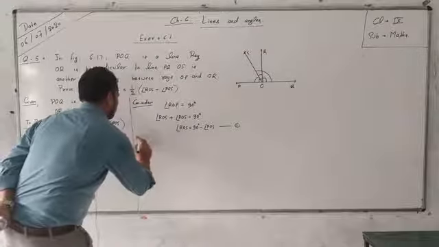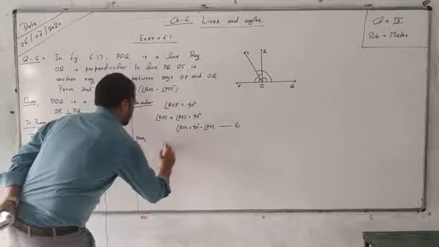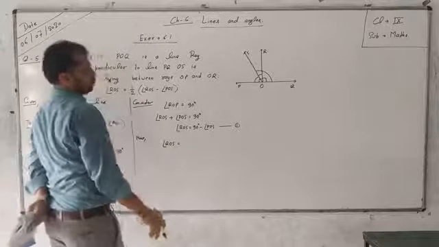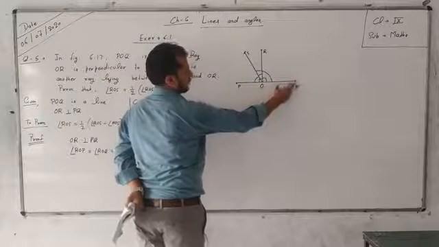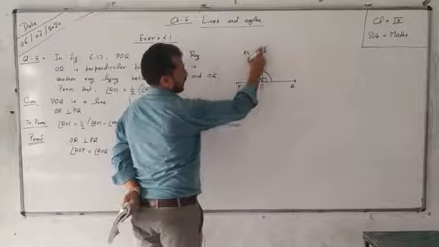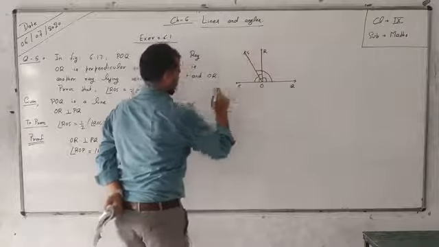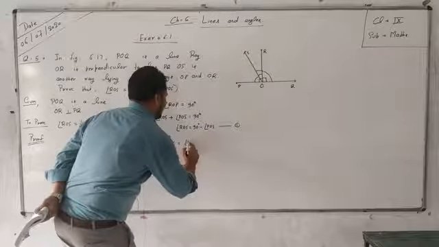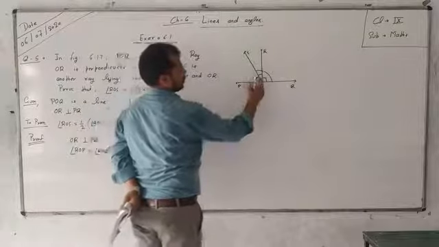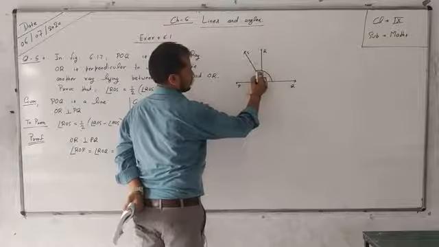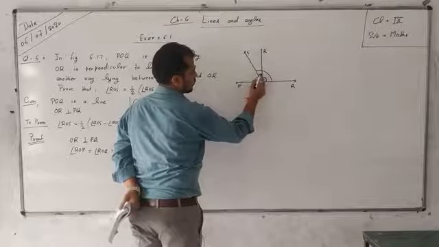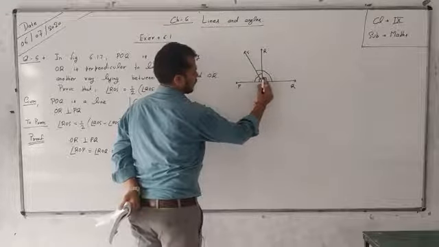Now angle QOS is equals to, look here very properly, angle QOS can be written as angle ROS plus this angle, this is the whole angle QOS, from which this angle is ROS and plus 90 degree.